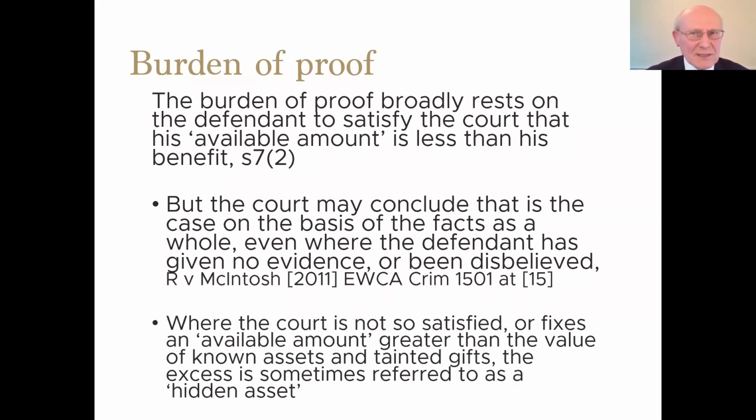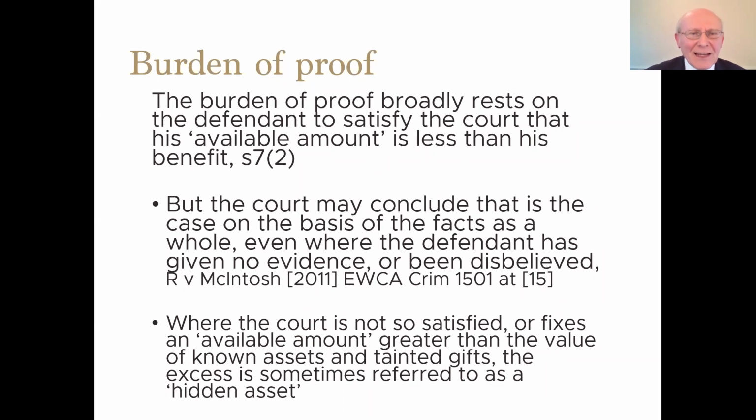But if the court's not satisfied that my available amount is as little as I say, then it can fix an available amount which might be equal to the total of the benefit, or it might be somewhat less than that, but more than the assets that I'm saying I have. And that was indeed what happened in the McIntosh case.